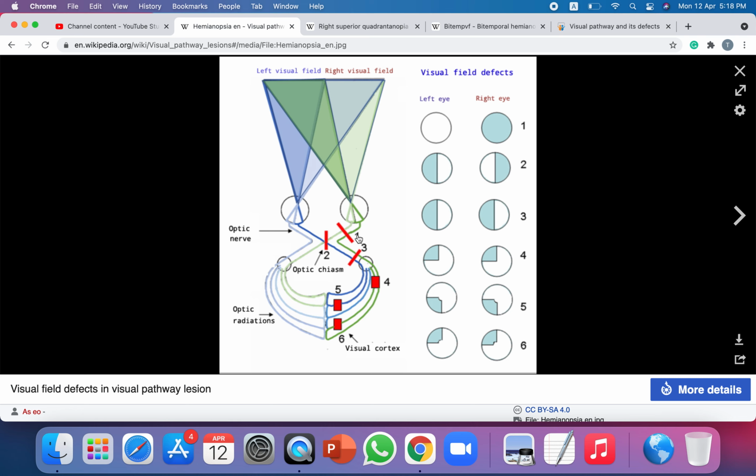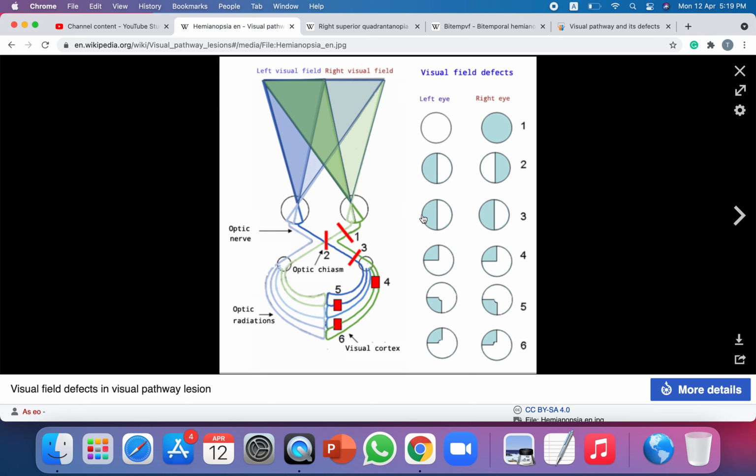Similarly, the nasal field of vision in the left eye will be intact, because the temporal fibers of the left eye are intact. Similarly, the temporal field of vision in the left eye will be impaired, because the nasal fibers that cross from the left eye are injured.